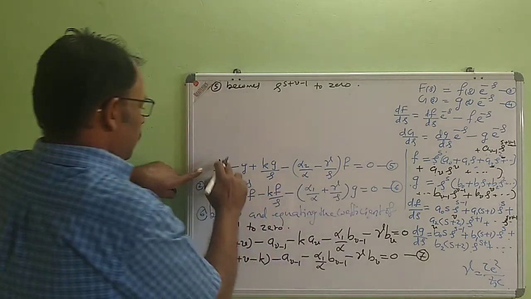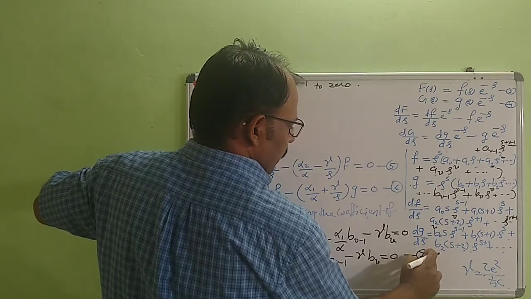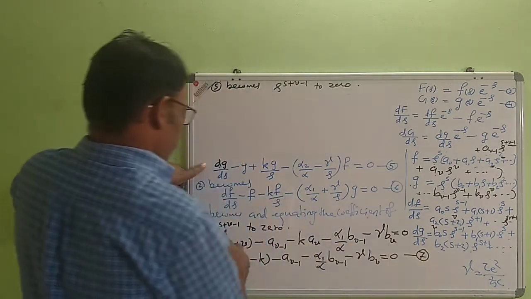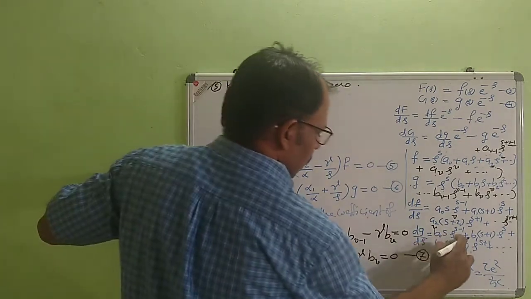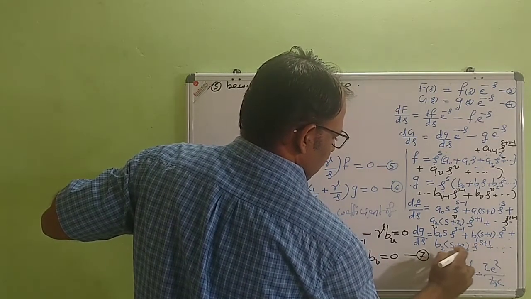So from 5, it is dg by d rho. dg by d rho, coefficient of rho raised to s plus v minus 1. Here, rho raised to s plus 1. Here it is s plus 2.